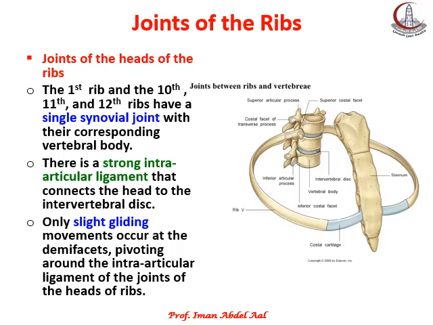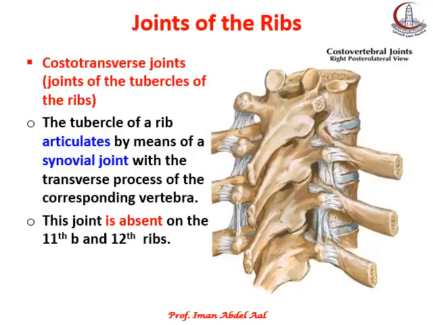This joint allows only slight gliding movement, which occurs at the demifacets of the head, pivoting around the intra-articular ligament of the joints of the head of the ribs. So the movement is only slight gliding movement.